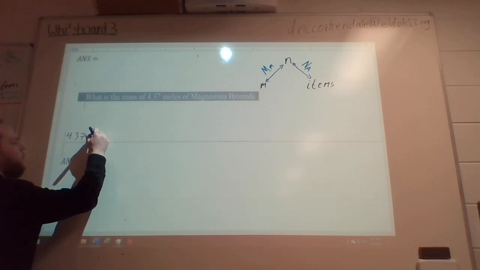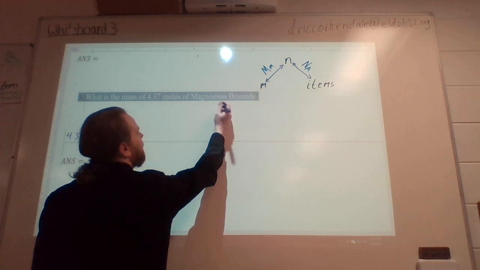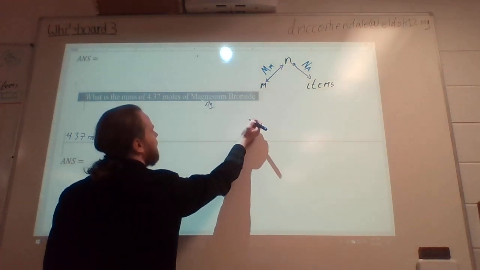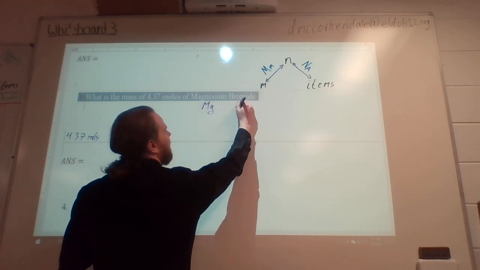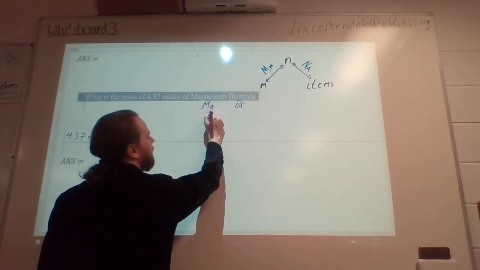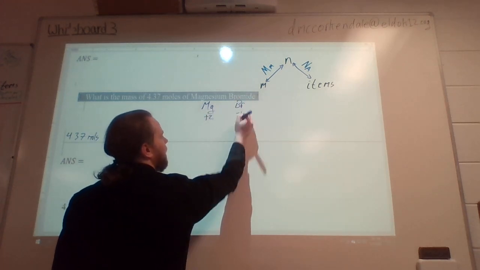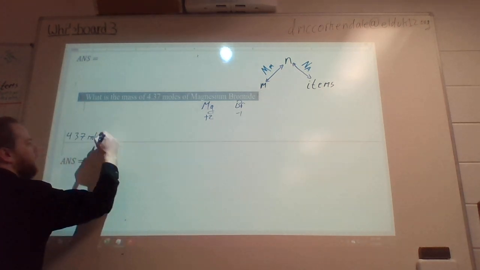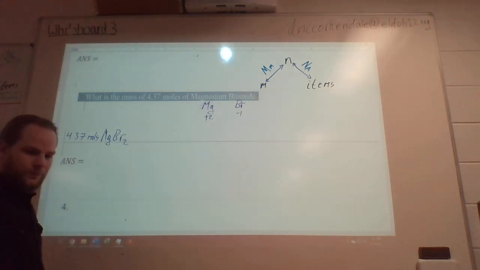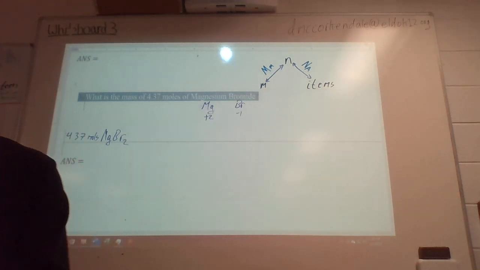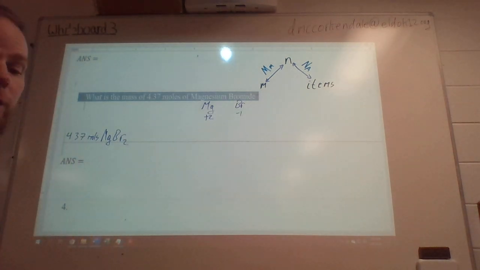Magnesium is Mg, bromide is Br. This is a +2, this is a -1. So the formula here has to be MgBr2.